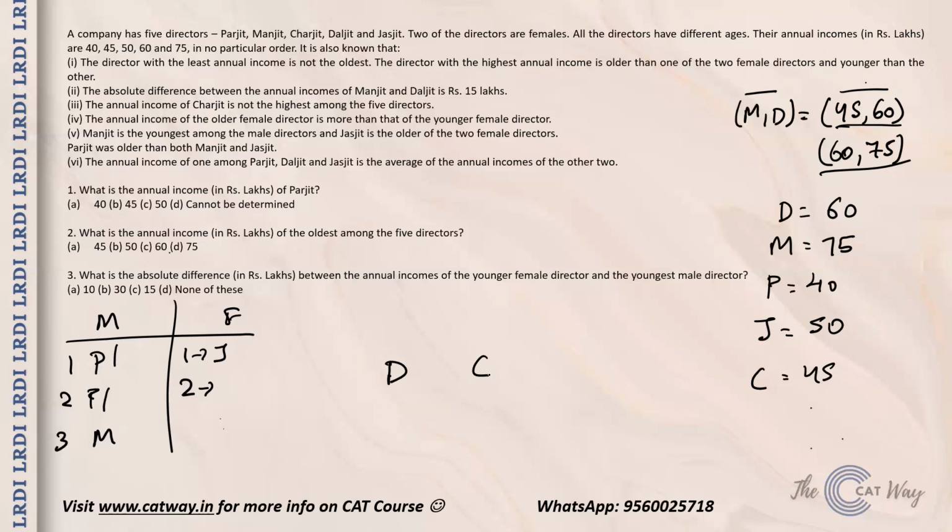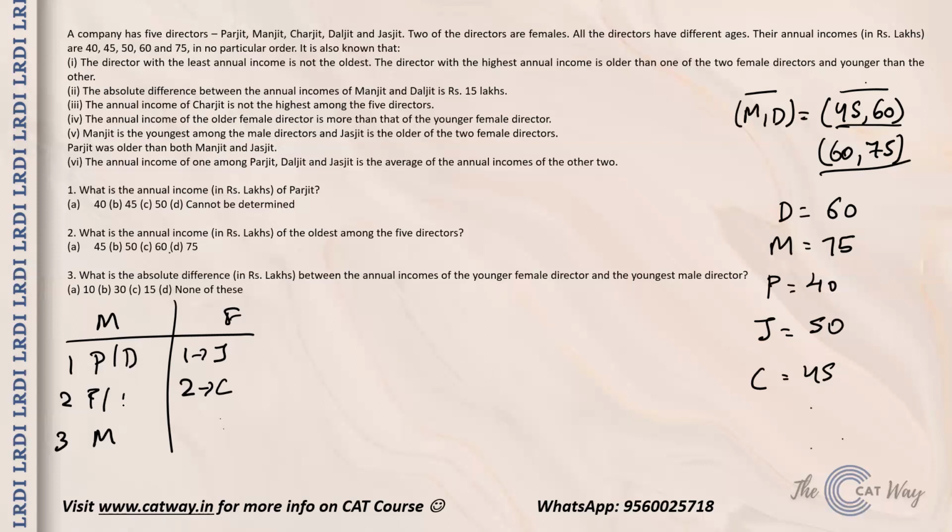The annual income of the older is more than that of the younger. Now the younger one among them is either D or C, and the annual income of J has to be greater than that. So the annual income of J can only be greater than C and not D, and hence C will be occupying this position.